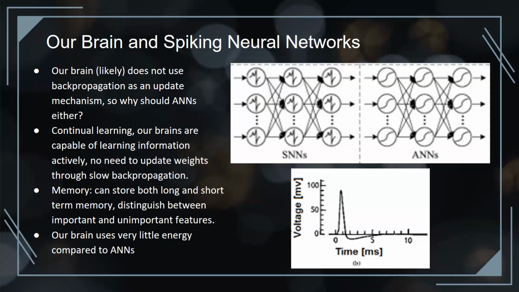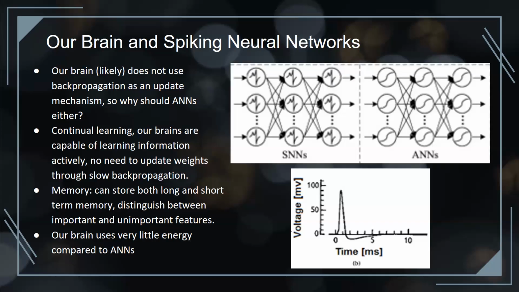In order to change that, we have to continue learning and update our information, and that's why we don't use ANNs, artificial neural networks, in our research, because ANNs use back propagation as one of the main methods.